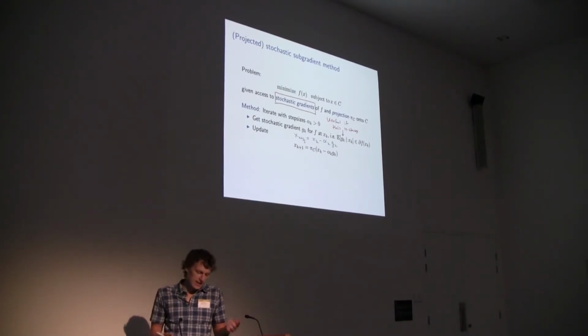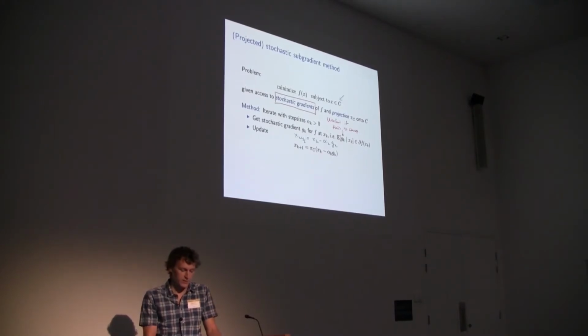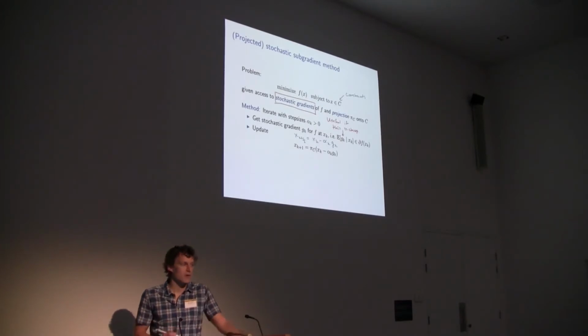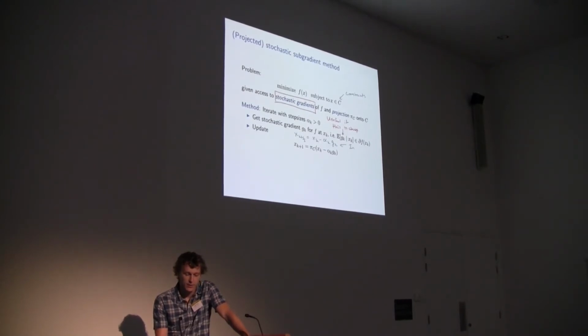And I've tweaked it a little bit here: let's suppose we have some constraints, some constraint set C. After our iterate, this intermediate iterate, we're going to project it back onto the constraint set. So the projection onto C is the argmin of one half the squared distance of x minus c, over x in my set C.